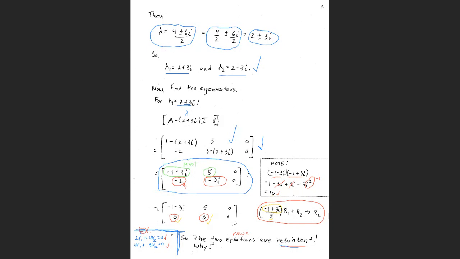The second equation is unnecessary. That's correct, Solomon. That's right. And there's a reason for this. May I go to the next page and show you why? We're good. All right, we'll go to the next page.